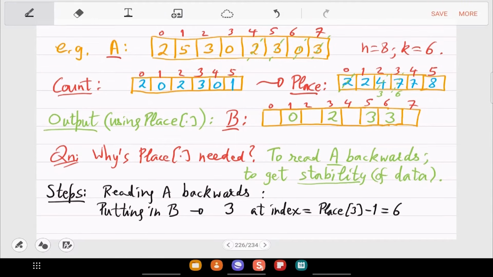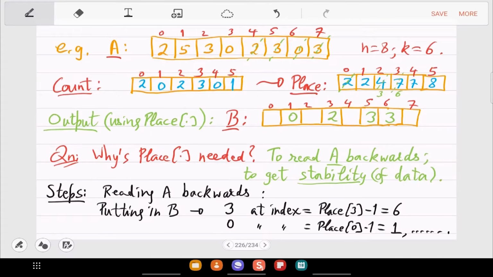Okay, and then we read 0 in A, and then we put it at index place 0 minus 1, which is 1. And so on.